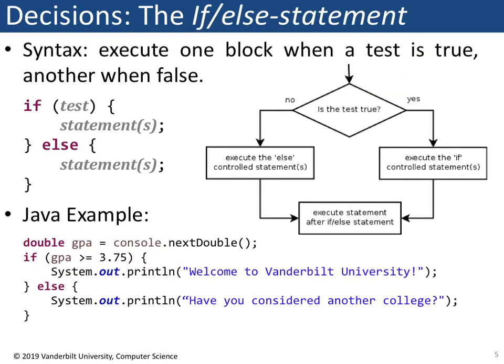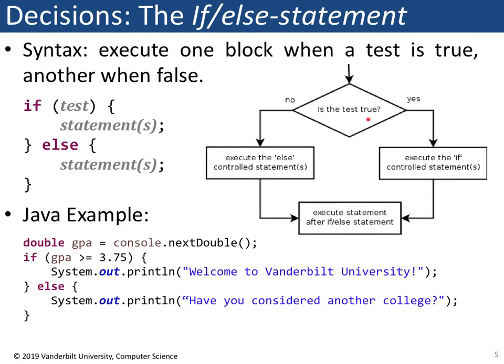So on the right here, we have a standard flowchart diagram. In flowchart diagrams, diamonds represent decisions. Blocks, such as this rectangle, represent actions. So in this flowchart, what is being shown is we come into a diamond, and the diamond contains a test.